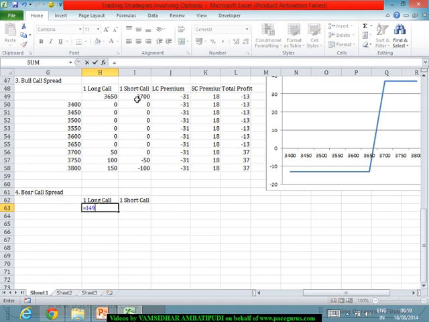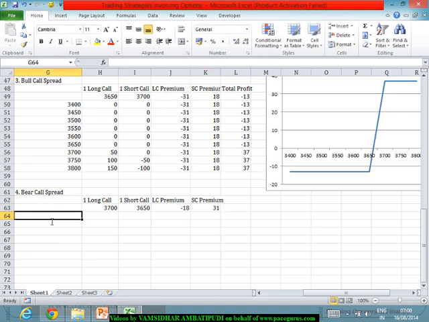So I'll take a 3700 call to be long and a 3650 call to be short. Because of this there is a long call premium. What is the long call premium? Because it's a cash outflow, I'm having 18. And when I talk about the short call premium, because it's a cash inflow, I'll have 31 directly. 31 is going to come up for me.